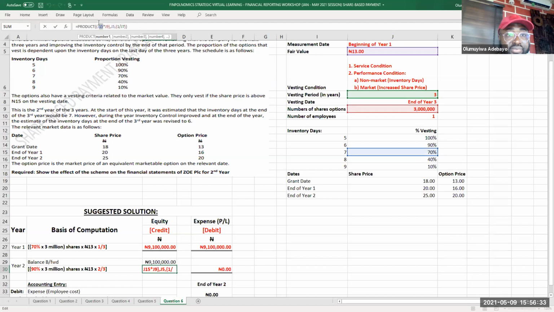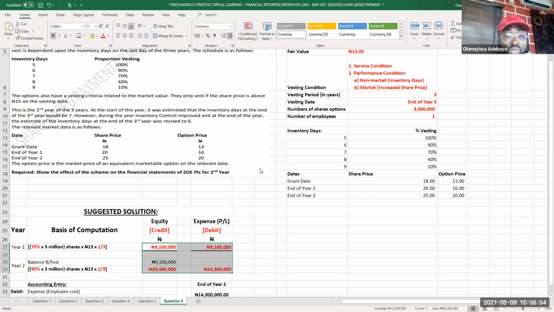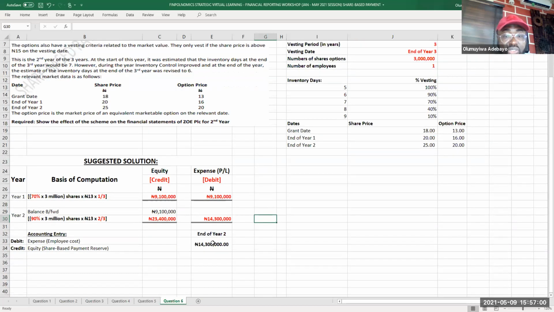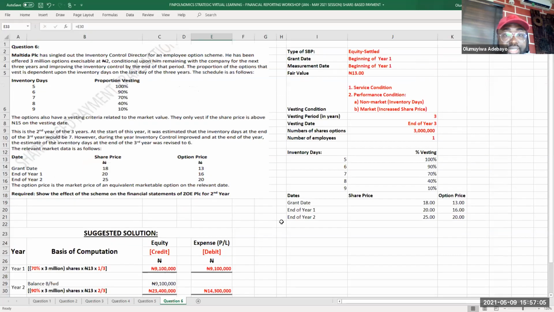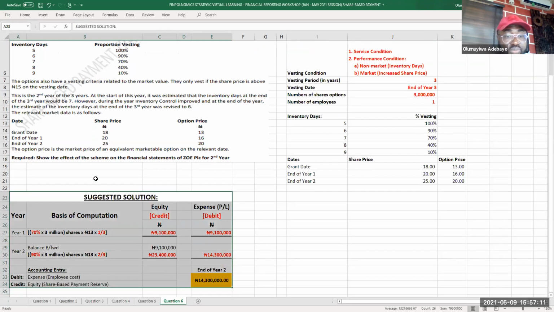I'm picking from the cell where I have 90 days. The fair value will not change, regardless of meeting or not meeting the market condition. And I'm computing for the second year. And I give you 23 million. Therefore, the incremental amount is 40.3, which is what I have here. And that provides me my solution.